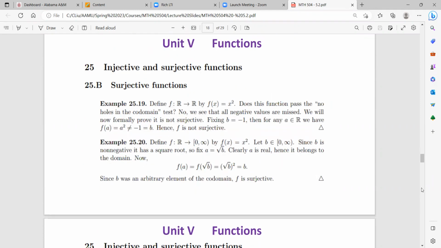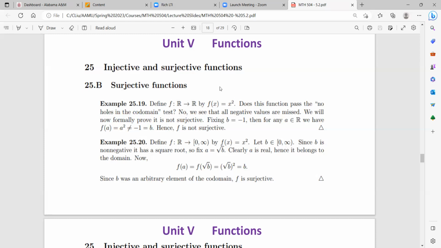Let's look at more examples. Suppose we define a function from R to R by f of x equals x squared. We want to know whether this function is onto, or surjective. In other words, whether this function passes the no-holes-in-the-codomain test.